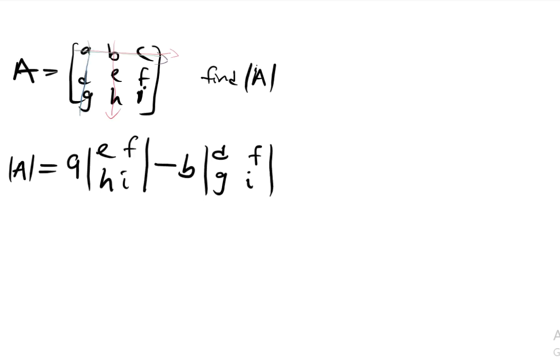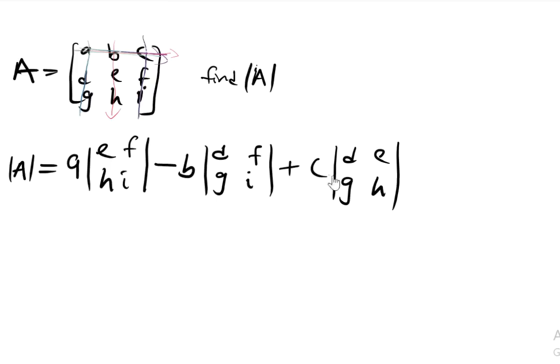And the third part will perform the same trick, where the two lines intersect at c. What is left is d, e, g, h. So at this point, we have reduced it to 2 by 2 matrices, and with this, we can solve.